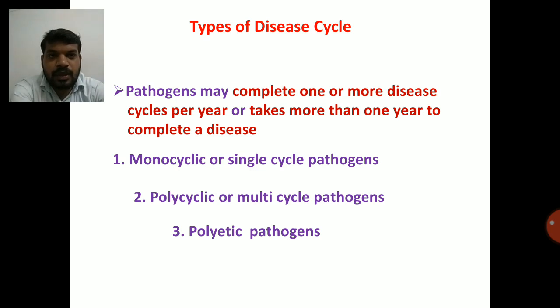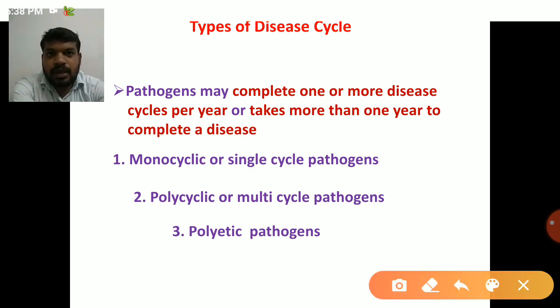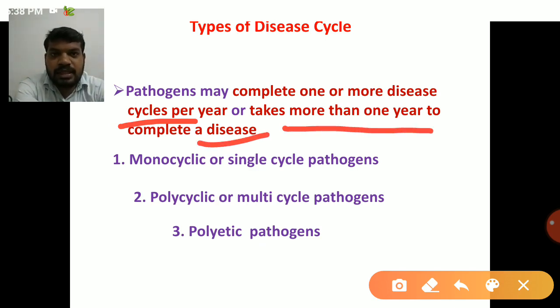So types of disease cycle or types of pathogens, we can classify the pathogens or disease cycle as per the time period taken by a particular pathogen. A pathogen may complete one or more disease cycles per year, or on the contrary take more than 1 year to complete a single disease cycle.